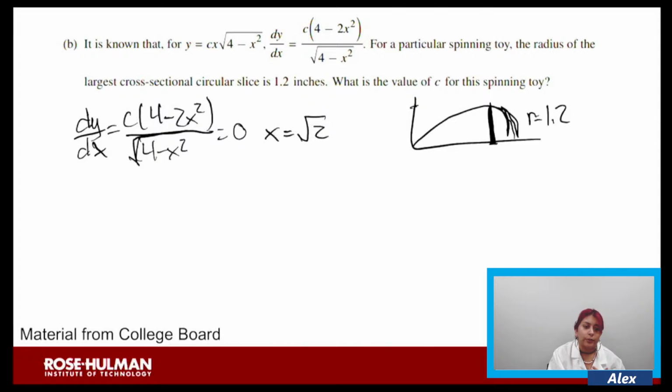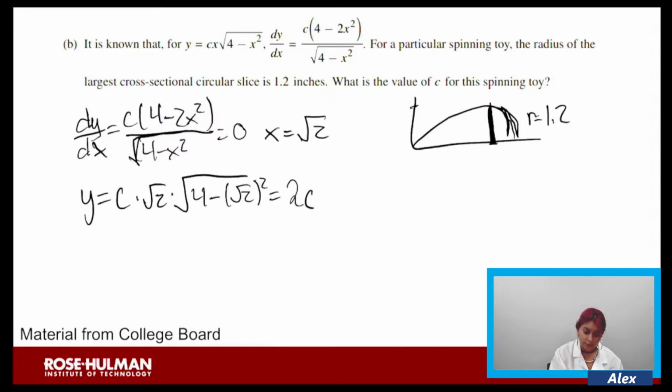You would then plug that into your y equation and get c times root 2 times root of 4 minus root 2 squared. You do some simplifying, and root 2 times root 2 is 2, so 2 times c. So 2c equals 1.2, the largest radius that you were given. You solve for c and you get 0.6.